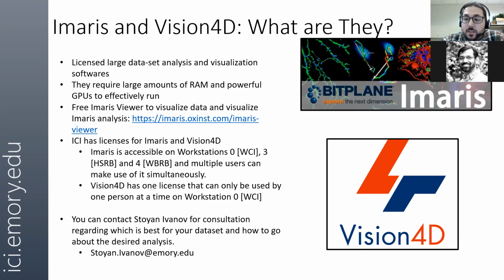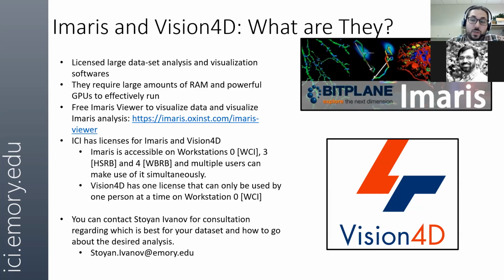Both of these are licensed pieces of software. So the core has a license that allows a number of users to use the software. Specifically, we have several licenses for Imaris. So at any point, one of you can log on to one of the workstations listed for Imaris and work on it concurrently with someone else. But Vision 4D currently, we've only got one license for.